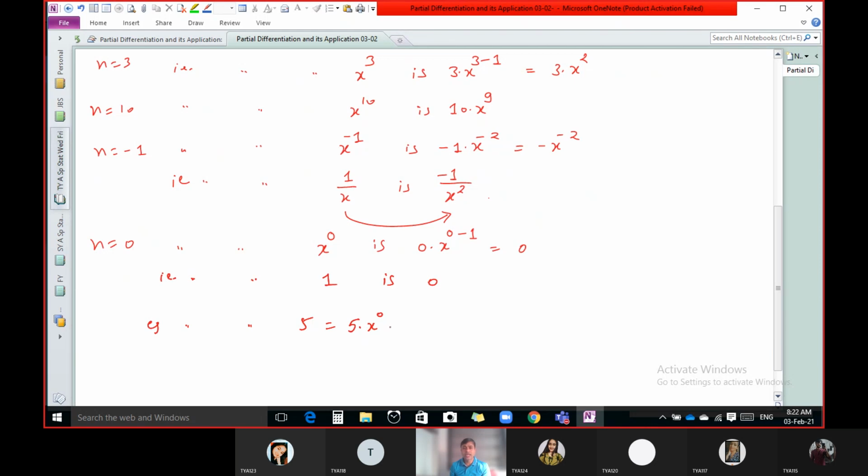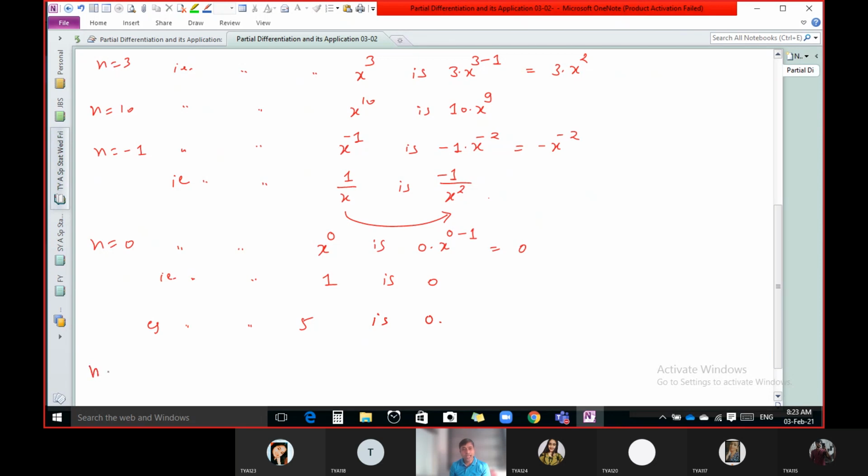So this is the same as before: derivative of 1 is 0, and 0 into 5 is 0. So we can say that derivative of a constant number is 0. So derivative of any constant number is 0.